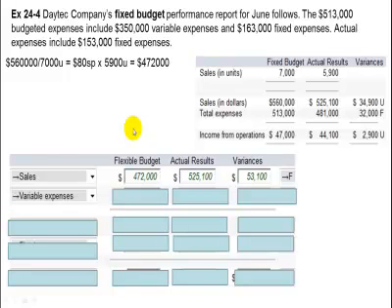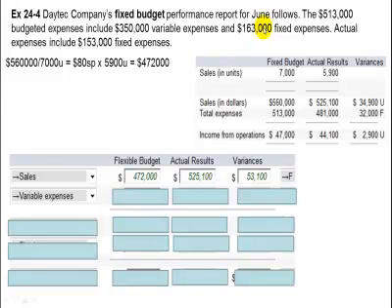Next piece is variable expenses. We don't have any variable expenses set out separately in this original budget, but it tells us that the $513,000 figure, which is total expenses, is made up of 350 variable and 163 fixed. So that total has two pieces and two kinds of expenses: a variable portion and a fixed portion.